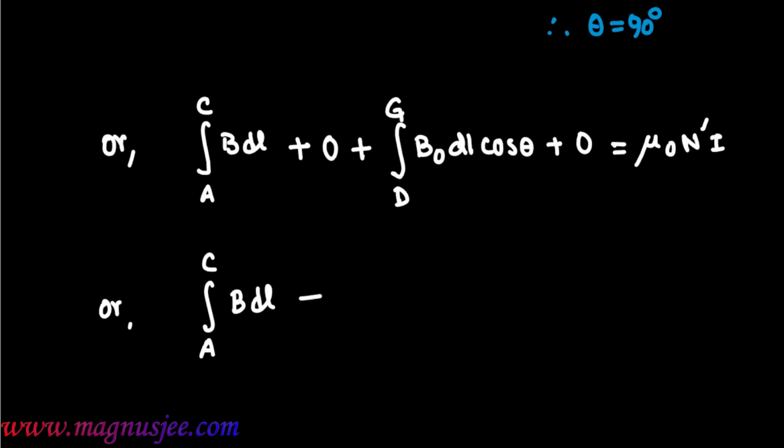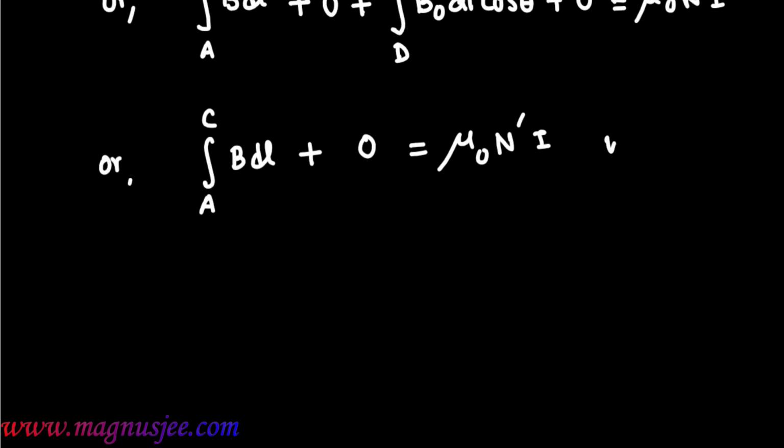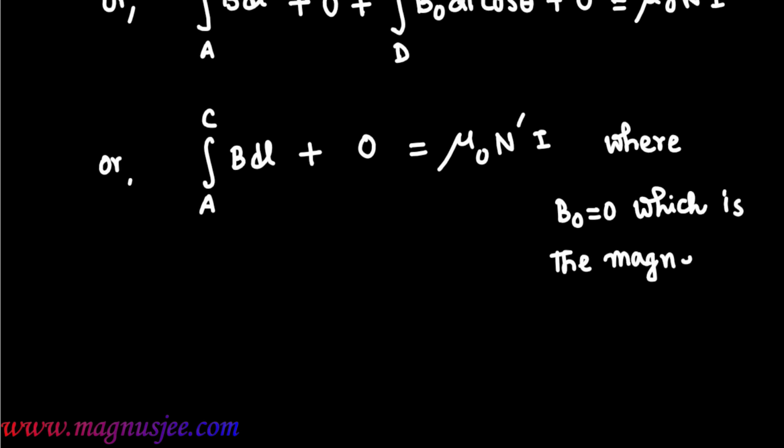Now integration A to C of B dl plus 0 equals mu 0 n prime I, where B0 equals 0, which is the magnetic field induction at a point outside the solenoid.